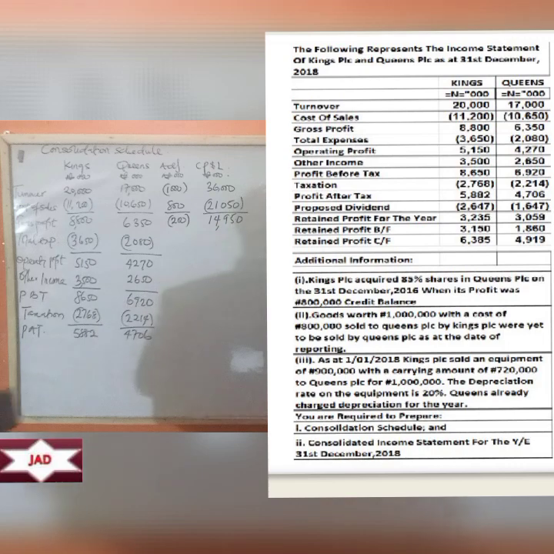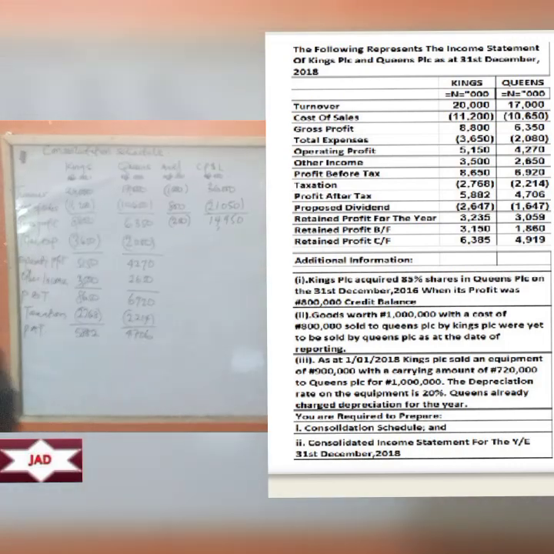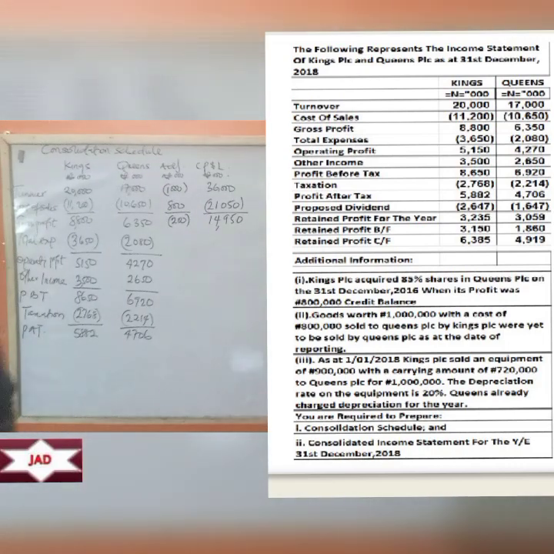Okay, so the next one, they said as at first January 2018, Kings PLC sold an equipment of 900.